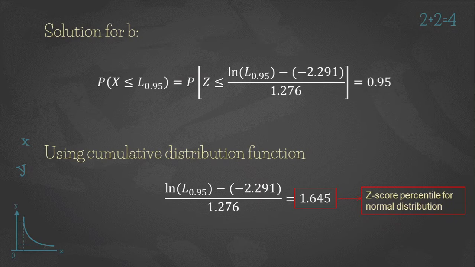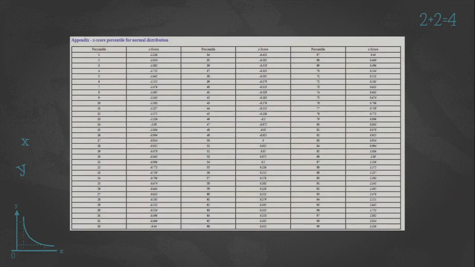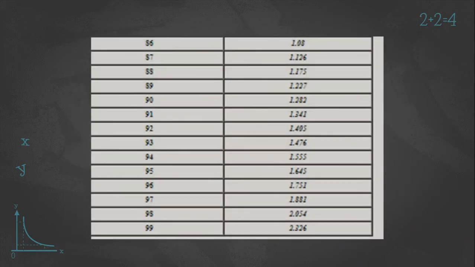So, dahil nga ang given is 95th percentile or 0.95, hahanapin lang natin siya sa z-score. Nakakahanap naman ito sa internet. So, dito siya, ito yung nahanap ko. And i-zoom in lang natin. So, ito, 95 is 1.645. 95th percentile is 1.645.